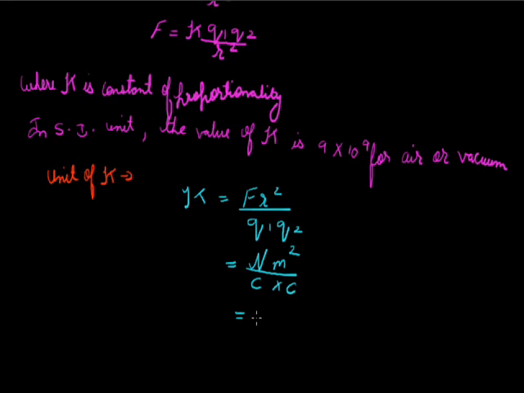So the unit of K comes out to be newton meter square per coulomb square. This is the unit of K. Equation 3 represents the mathematical form of Coulomb's law.